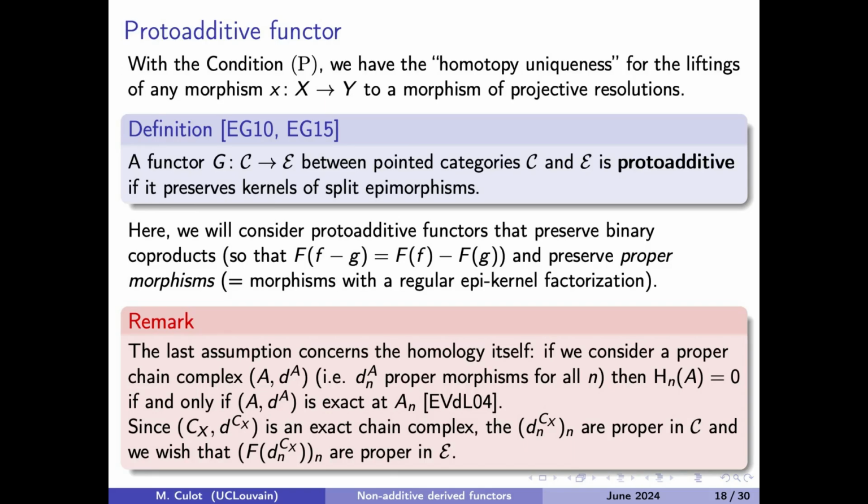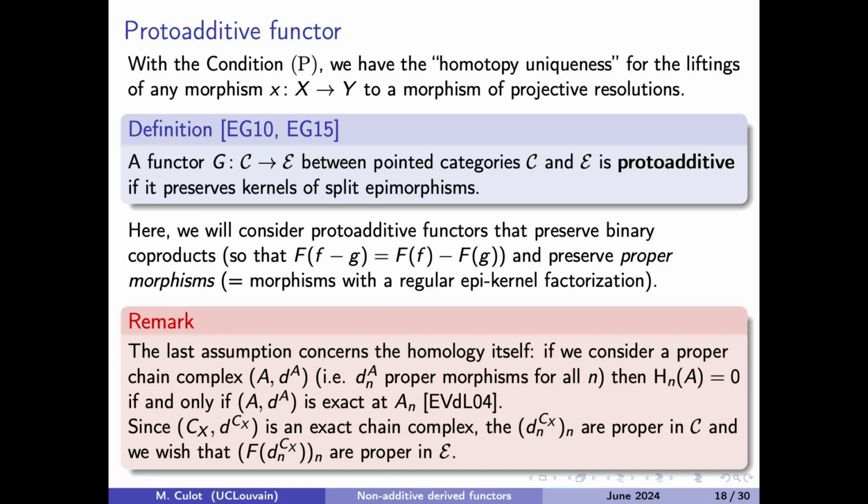Okay, so I have my homotopy, it fits perfectly with homology, and I have a condition to ensure that my homotopy behaves well with projective resolutions, so what should my functor be now? We will just consider here quasi-exact functors, which were introduced by Thomas Everaert at UCLouvain, between pointed categories, which just preserve kernels of epimorphisms.